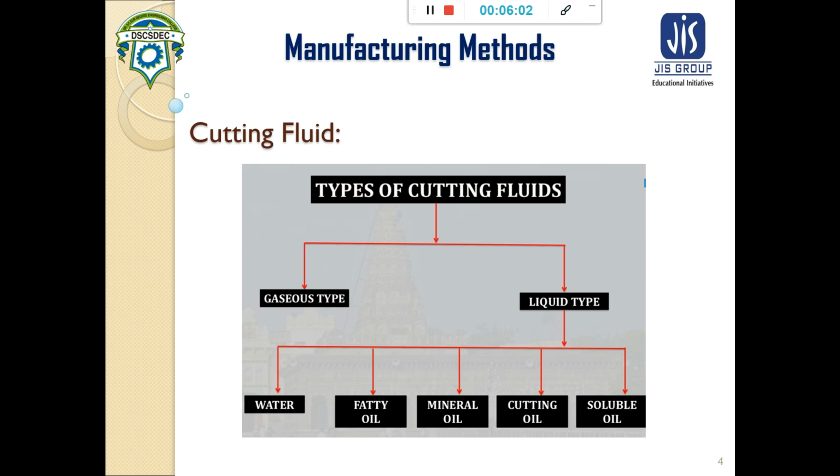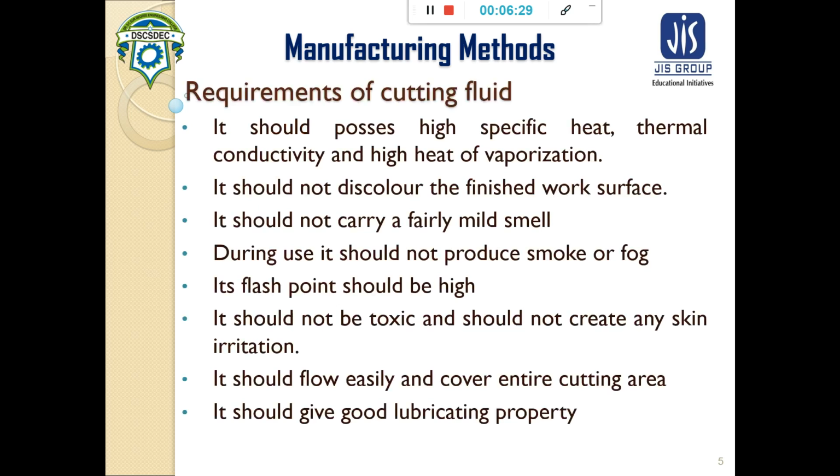These liquid type cutting fluid materials are sometimes mixed together to get a better result. That means in some cases the mixture of fatty oil and water is poured into the chip tool interface, and this application can be done by various methods that we will discuss later on.